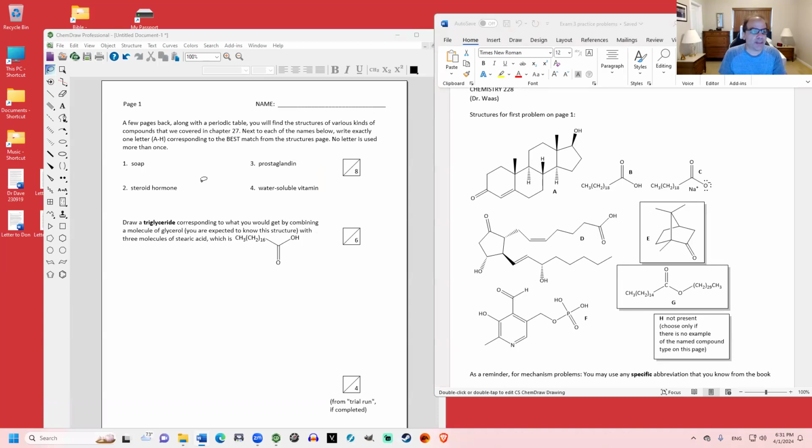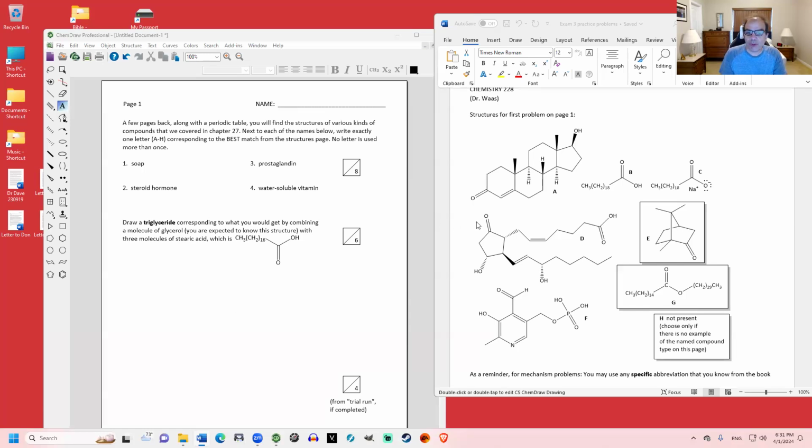The first one it asks about is a soap. In class, we said that a soap is the conjugate base of a fatty acid. It's essentially what you get after hydrolyzing a triglyceride, and you get glycerin and three fatty acid carboxylate molecules.